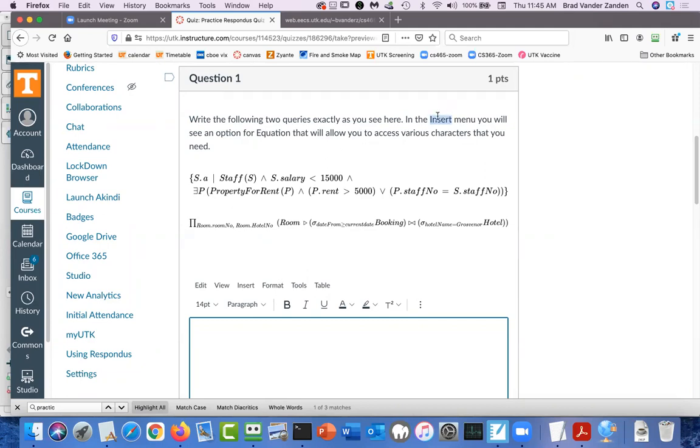If you read the instructions, it says in the insert menu you'll see an option for equation, and it allows you to use LaTeX in that equation editor. So some of you who are LaTeX gurus might prefer using the equation editor. I'll give you your choice of which you want to do.